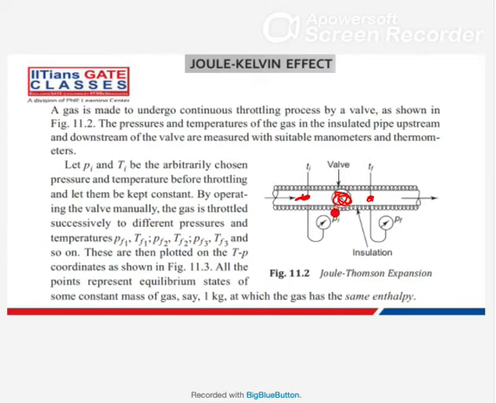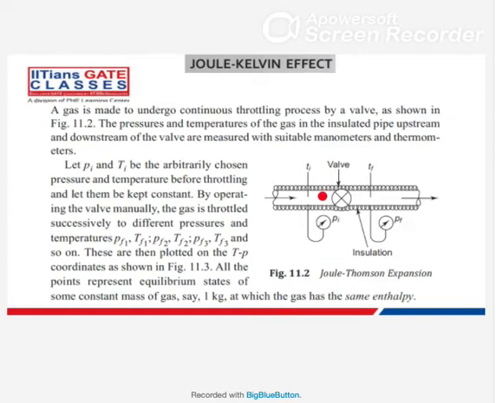As this is a throttling process, the exit enthalpy will always be the same, but its temperature and pressure may change. So this is nothing but an isenthalpic process, where all exits have the same enthalpy.